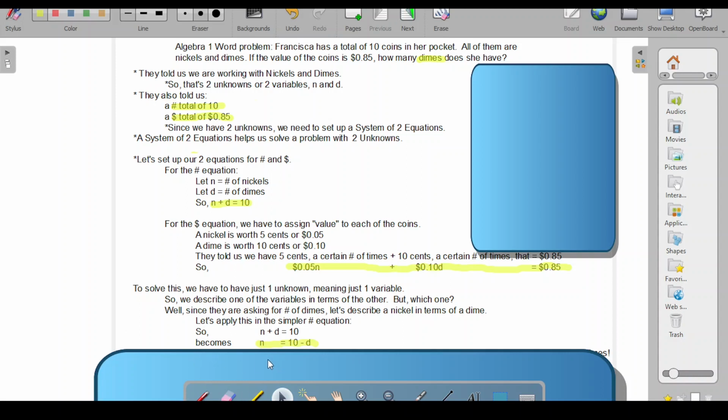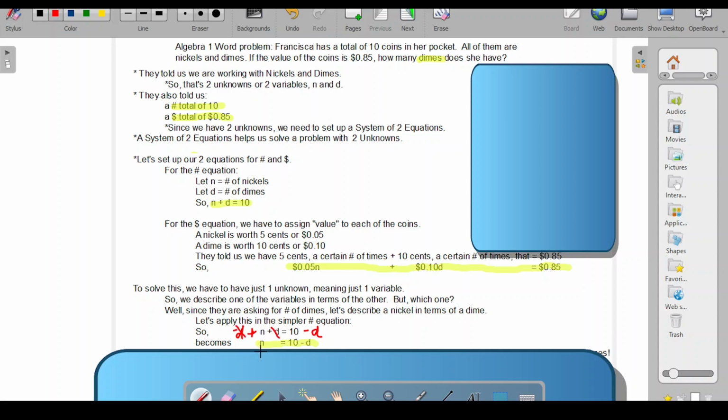So if we subtract d from this side, we get, let me just write it. I'll just say I'm adding a negative d to both sides. So negative d and positive d is 0.